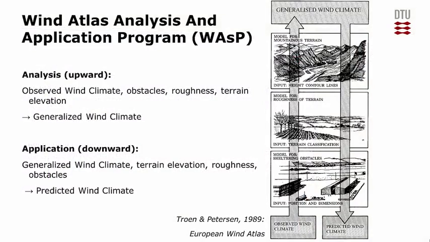So in the wind atlas methodology, we base the estimates on real measurements, but we have developed a way such that we can transfer the measurements from the meteorological site to a site where you, for example, want to put a wind turbine.